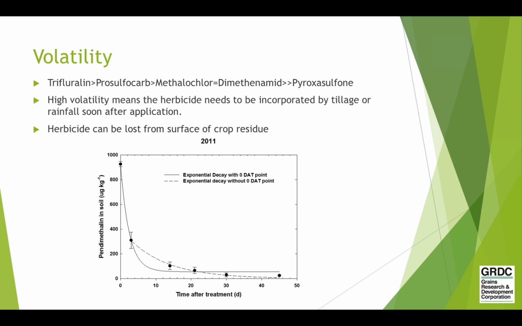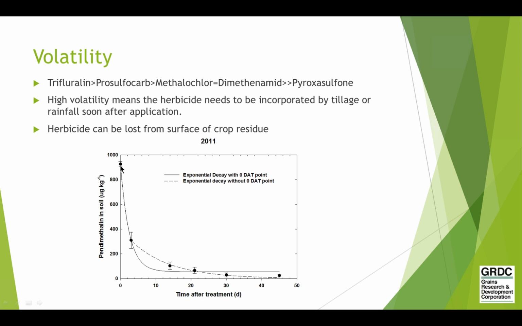The bottom graph here is an example of what happens with a dinitroaniline. I don't have trifluralin, but pendimethalin is very similar. This was a field study that we did here in Colorado where we applied the herbicide at day 0, and then we watched to see what happened with the herbicide over time.